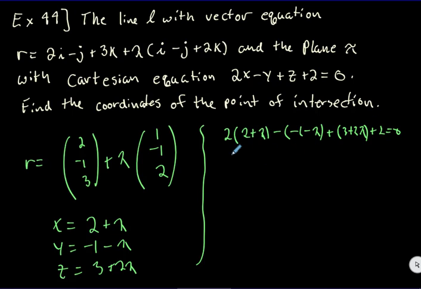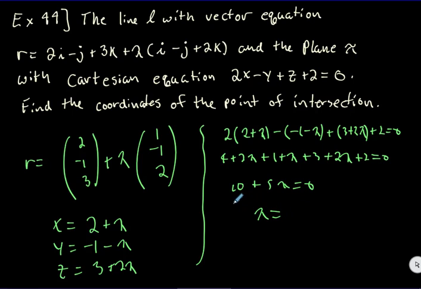To work this out, I'll have 4 plus 2 lambda plus 1 plus lambda plus 3 plus 2 lambda plus 2 equals 0. Let's go 4, 5, 6, 7, 8, 9, 10. So I have 10 plus 5 lambda equals 0. Then I can figure out my lambda: minus 10 divided by 5 is negative 2.